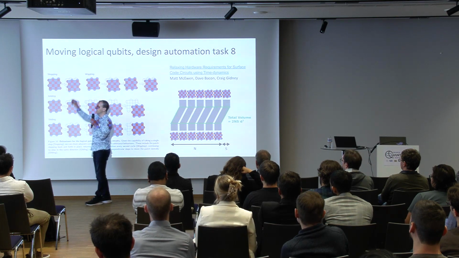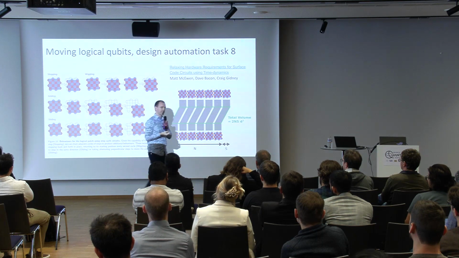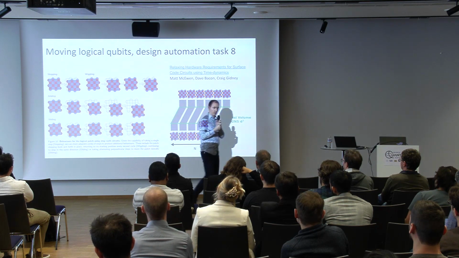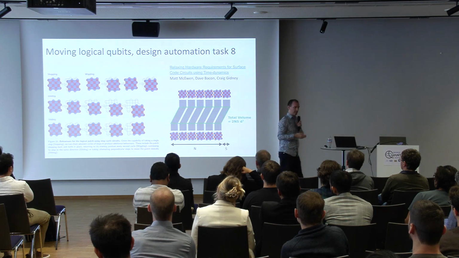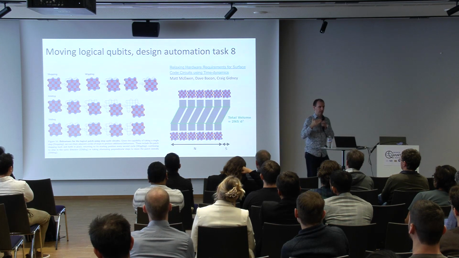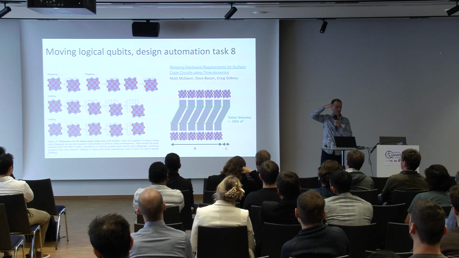I mentioned in the experiment that we had an issue with leakage accumulating. That comes down to the fact that you have data qubits that are not being measured, measure qubits that are. And the data qubits, because they're not being measured periodically, accumulate leakage. You've got this multi-level system, and it just starts acquiring second and third level states.